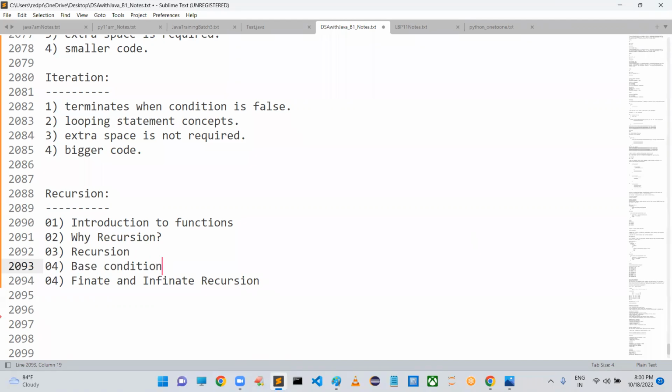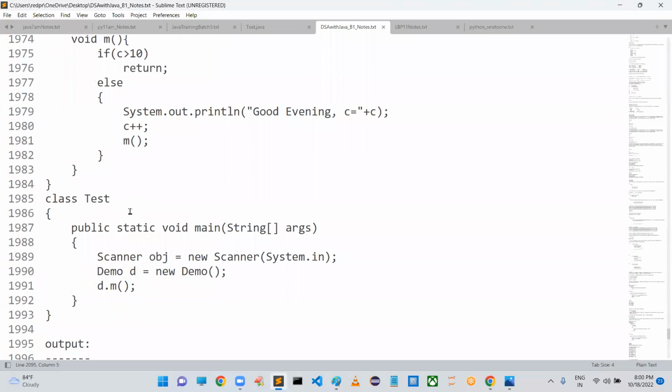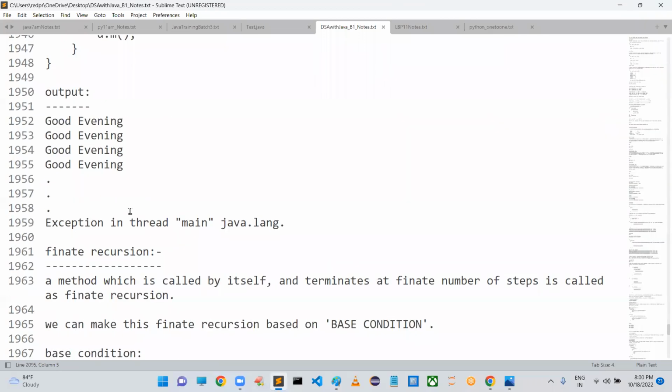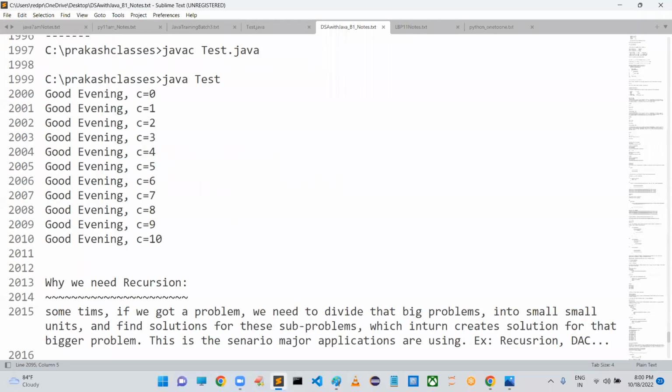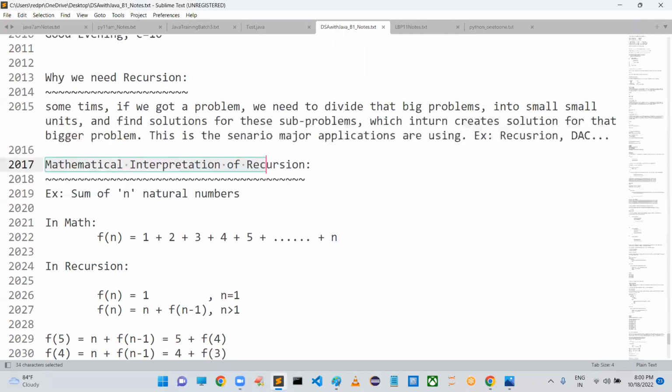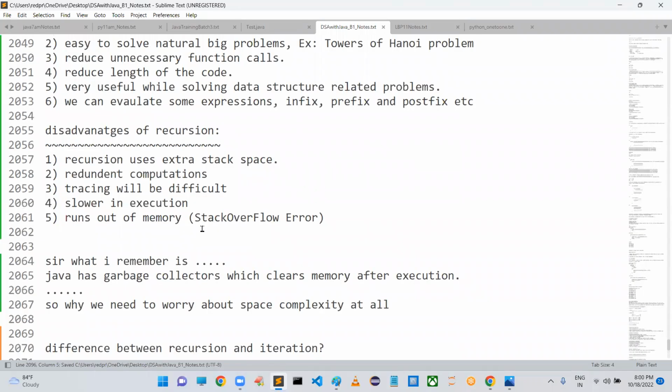What is the next topic we covered? Yes, the mathematical interpretation of recursion: how you can convert your mathematical expressions into recursion. After that, today's session covered properties.